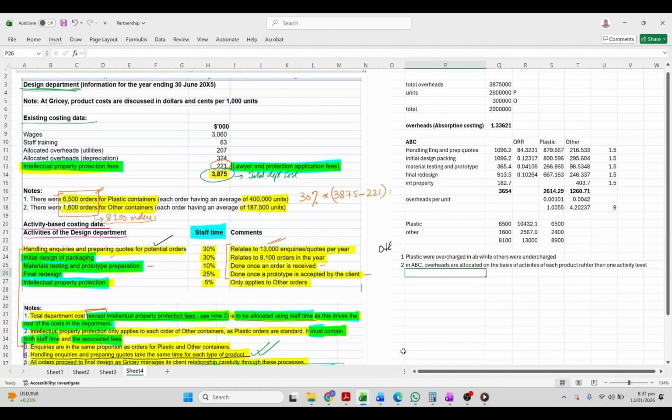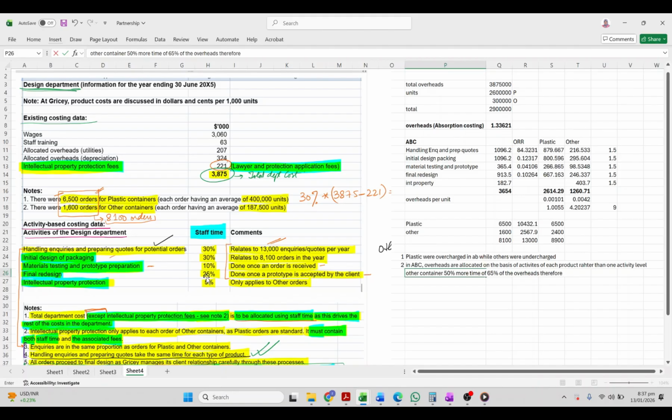And as we can see in this question that the other containers is taking approximately 50% more time of how many cost drivers? 1, 2, 3, 30, 10, and 25. It's 40, 65% of the overheads.